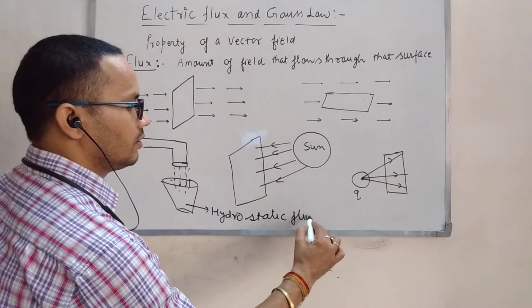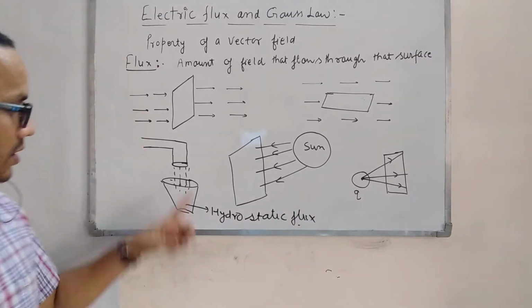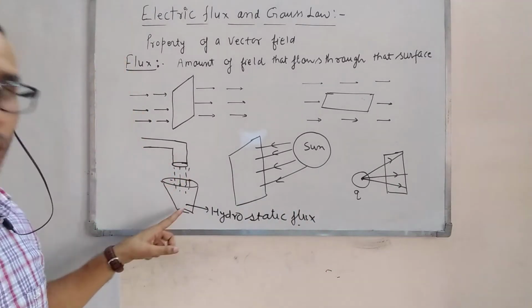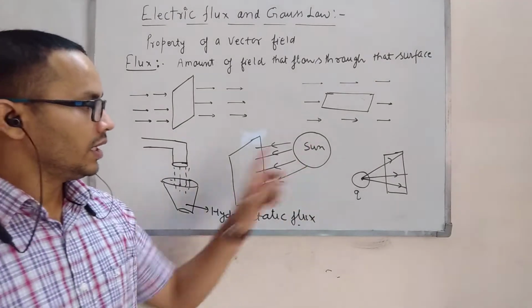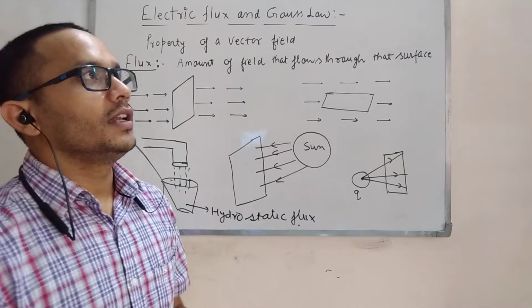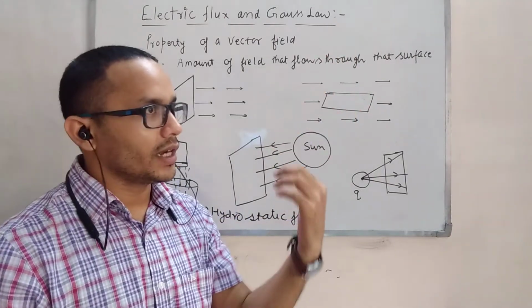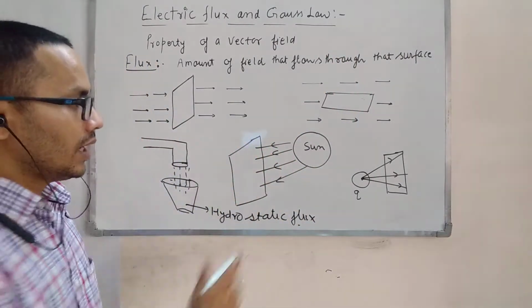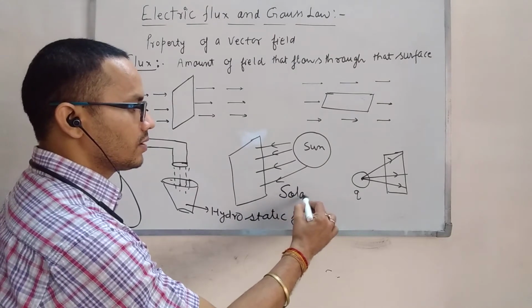Similarly, if I put a 1 meter square cardboard in front of the sun, then the amount of radiation falling per second on that cardboard is called solar flux.